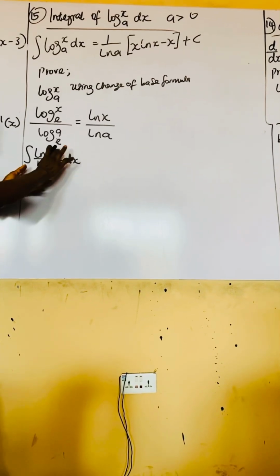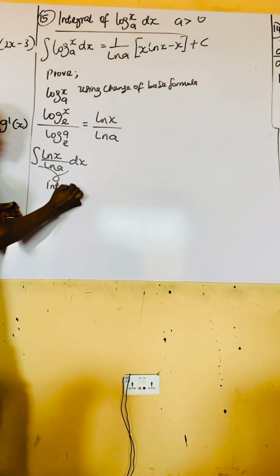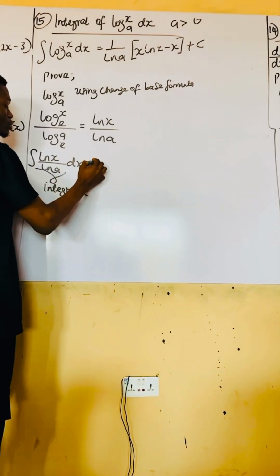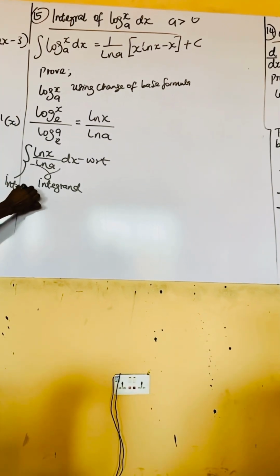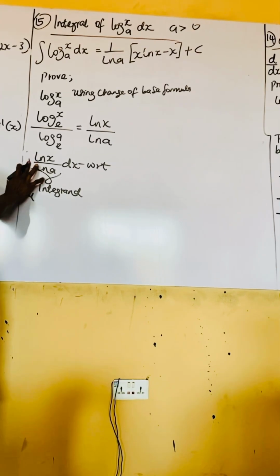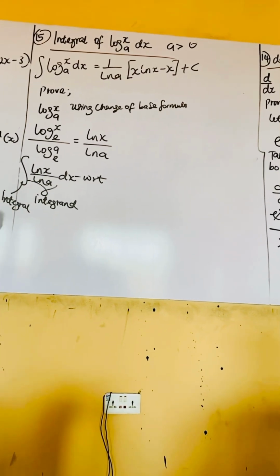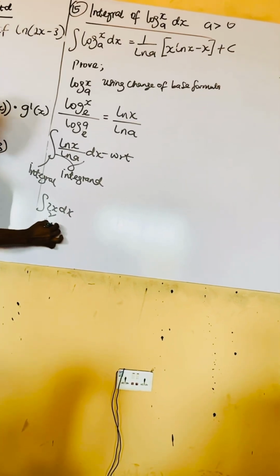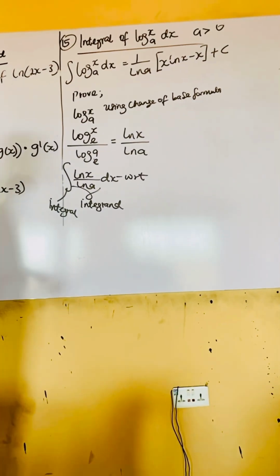Now, this function we want to integrate is called the integrand. The integral sign is denoted as an elongated S. For example, if you have the integral of 2x dx, the function you want to integrate, 2x, is the integrand. Are you there? So let's continue.